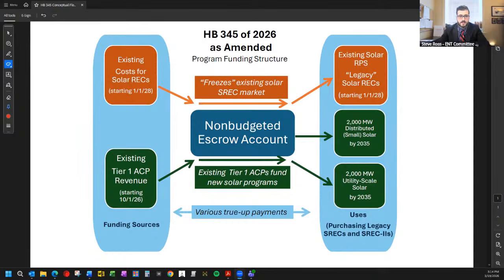A lot of the amendment language, I know there's a lot of new words in there, but part of that is just adding detail to a very complicated process to maintain the original overall intent, which is to sunset the original RPS for solar and then take alternative compliance payment revenue and use that revenue to fund two new solar programs.